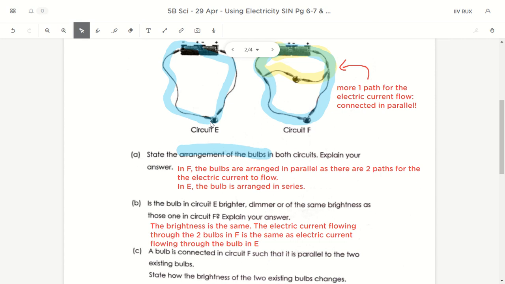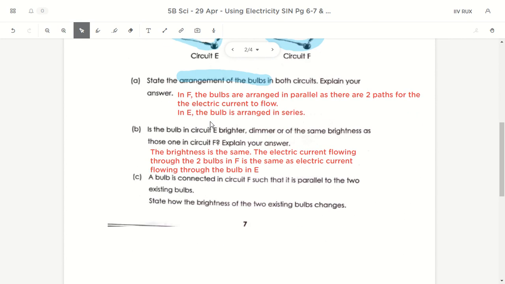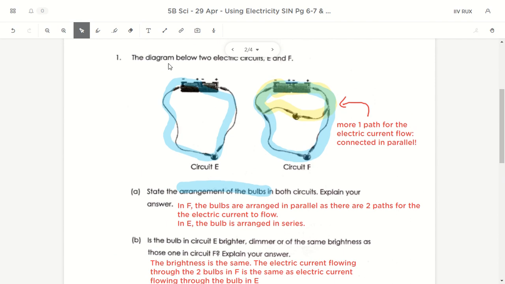So the last part: now if I connect another bulb to circuit F, which is parallel to the two existing bulbs, let's draw it out. What I'm saying here is, what if I join one more bulb that's parallel? What if I put one more bulb over here that is parallel?